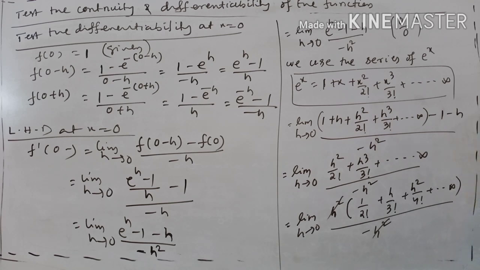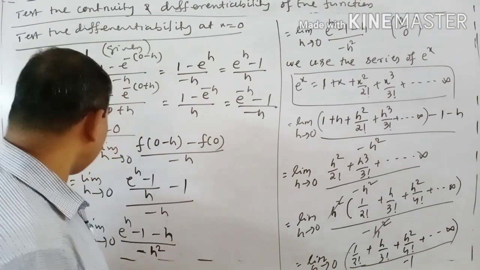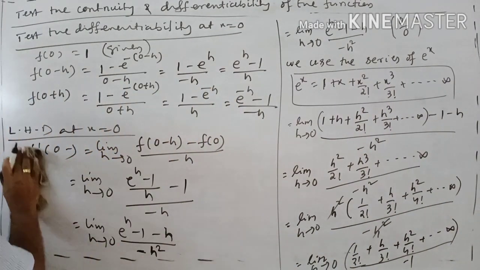Next, this is equal to limit h tends to 0 of 1 by 2 factorial plus h by 3 factorial plus h square by 4 factorial up to infinity, whole divided by minus 1. Now put h is equal to 0.